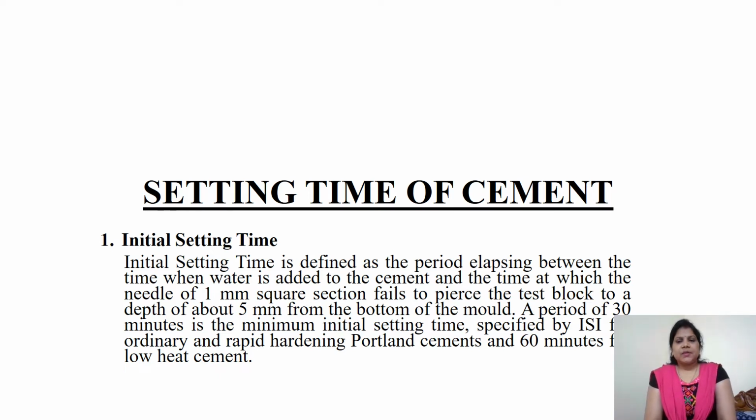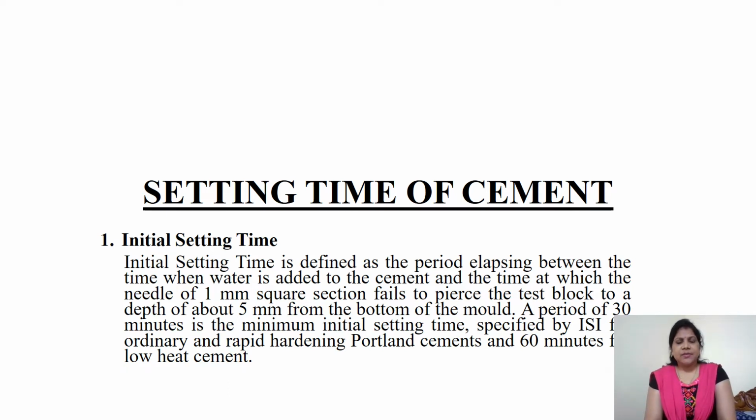For initial setting time, 30 minutes is the minimum initial setting time specified by ISI for your ordinary and rapid hardening Portland cement, and 60 minutes for your low heat cement.